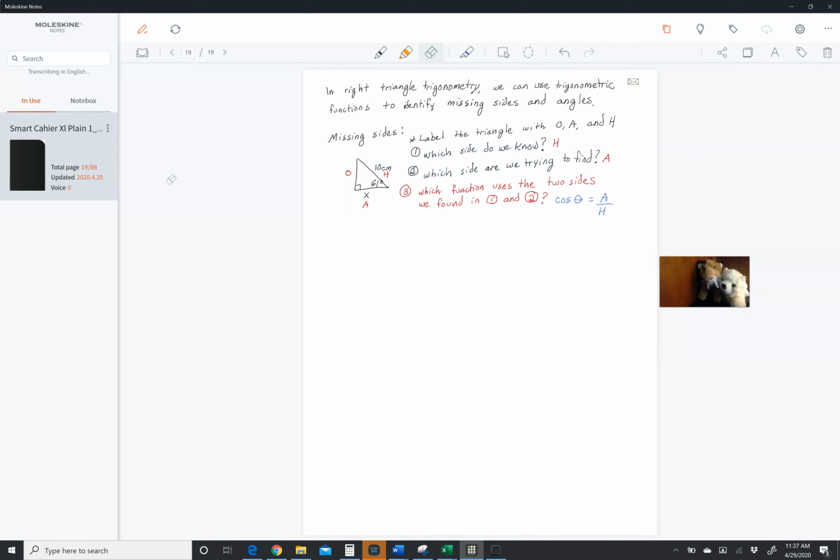So the cosine of 61 degrees, that's what theta is equal to our adjacent, which is x, over our hypotenuse, which is 10. Okay? And now we just solve for x. Well, first thing that we're going to do is multiply both sides by 10.